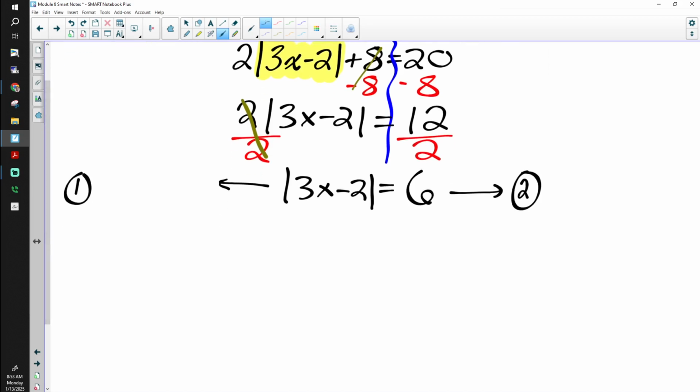My first case is 3x minus 2 equals positive 6, which means my second case will be what? 3x minus 2 equals negative 6. Solve your 2 baby equations for your 2 answers.